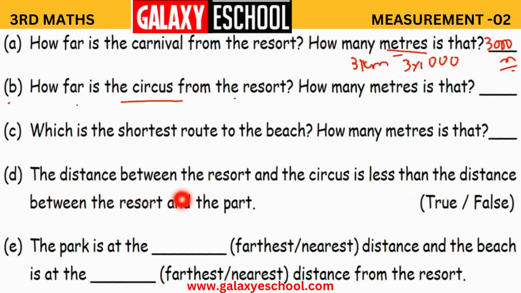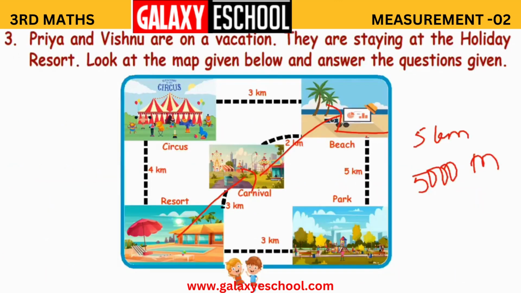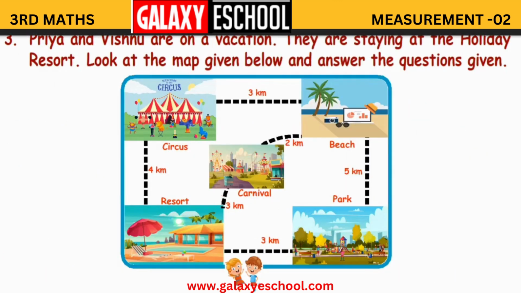Question D. The distance between the resort and the circus is less than the distance between the resort and the park. Resort and the circus and resort and the park. If you compare the distances, resort and circus, R for resort, C for circus, is 4 kilometers.